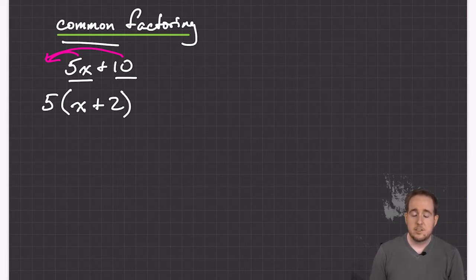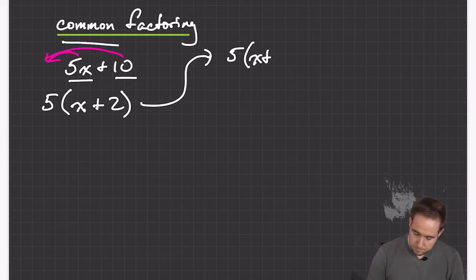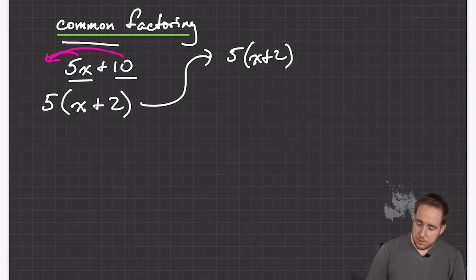And the thing with factoring is, if you ever want to know whether or not you did it right, you imagine giving this question to somebody who is learning the distributive property and ask what would they do?